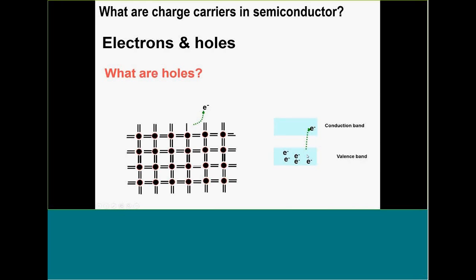Of course, this is going to be an unbonded bond. So since the electron has jumped into the conduction band, what's left behind will naturally be some positive vacancy, isn't it?